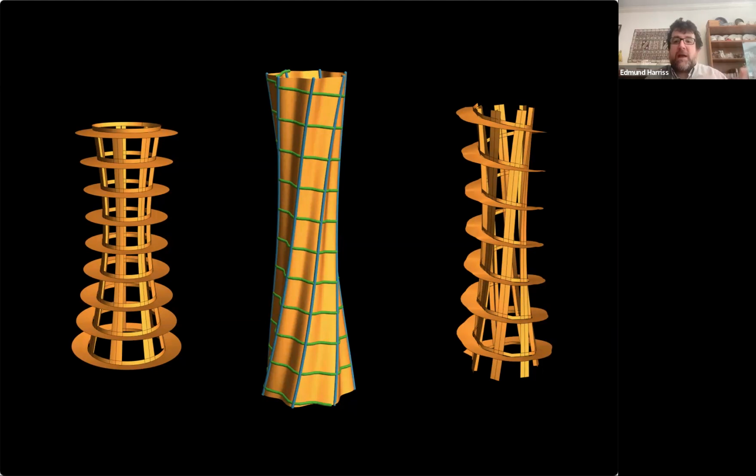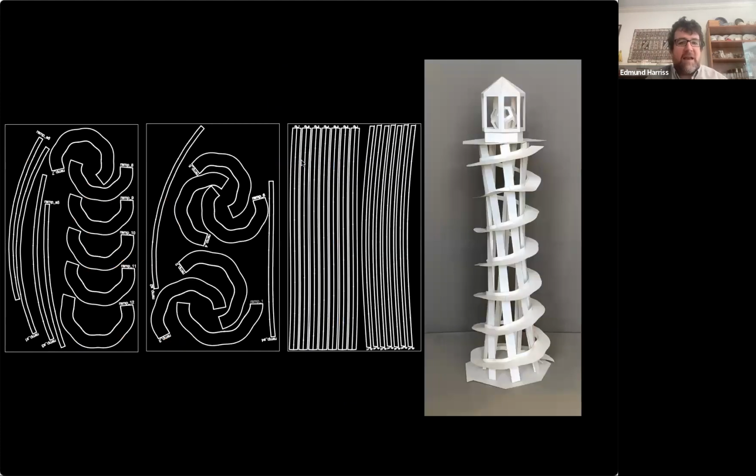And so this is the design that was used in that model you saw in the back of a truck. And this is again for Mathemalchemy. And here you can see the cut files for the different pieces. These then get glued together, and there you have the paper version.